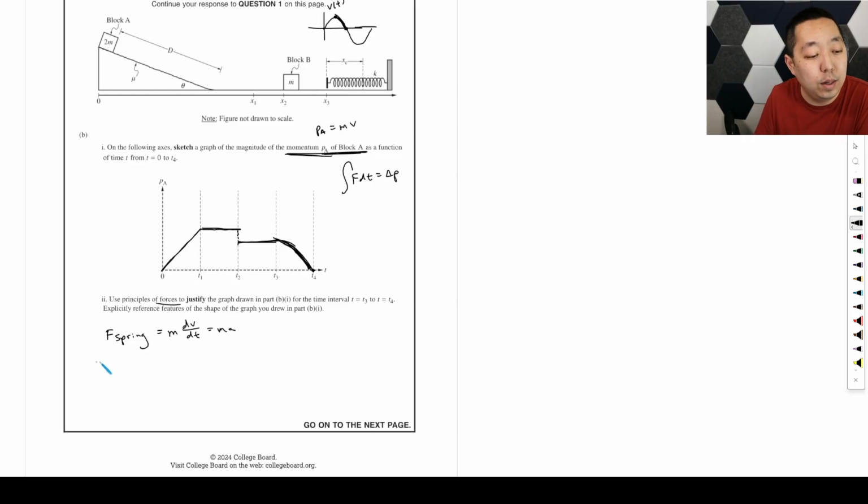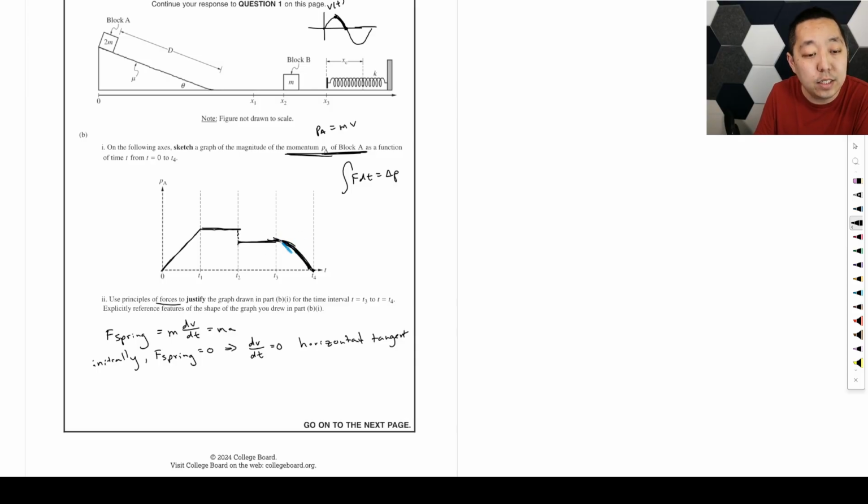And so initially, the spring force is 0, which implies dv/dt is 0, which implies the horizontal tangent line, right? Like right there. It's a horizontal tangent.